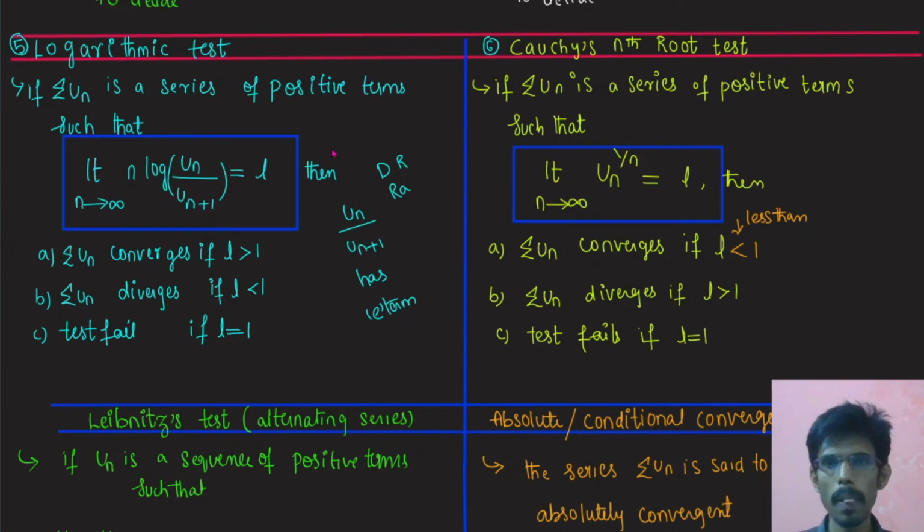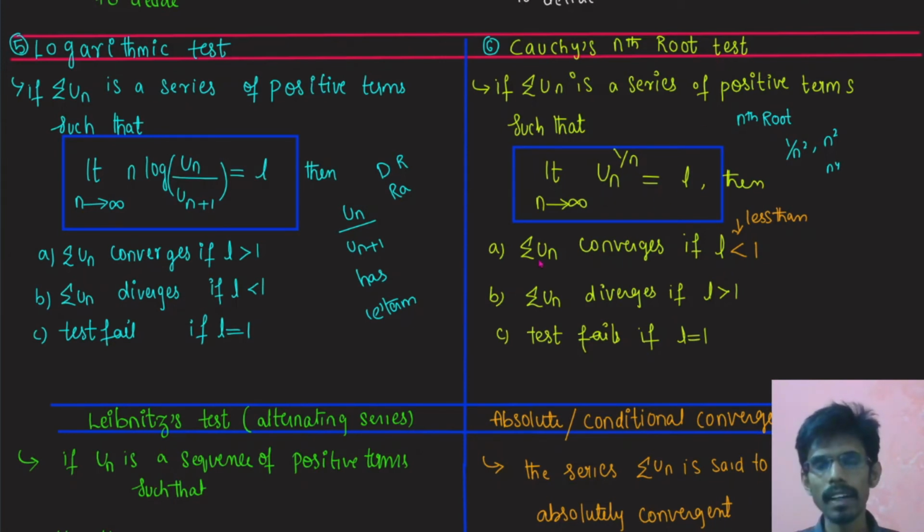See here, we have un power 1 by n, meaning the series should contain an nth root, like 1 by n square, n power 2, n power 4, like that. The series should contain nth power terms. Then we go for this Cauchy's nth root test.